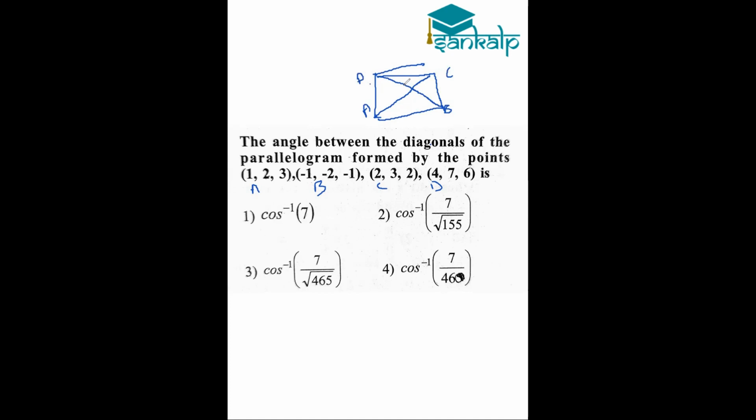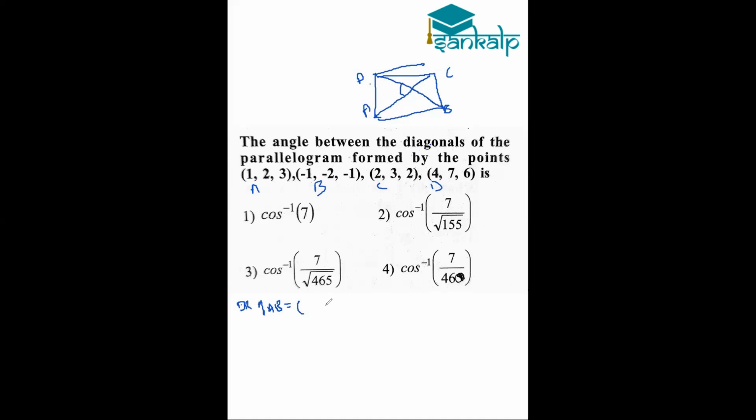To calculate the angle between these two diagonals, first we will calculate the direction ratios of both the diagonals. The direction ratio of AC will be equal to subtracting A and C coordinates and simplifying. What do you get?